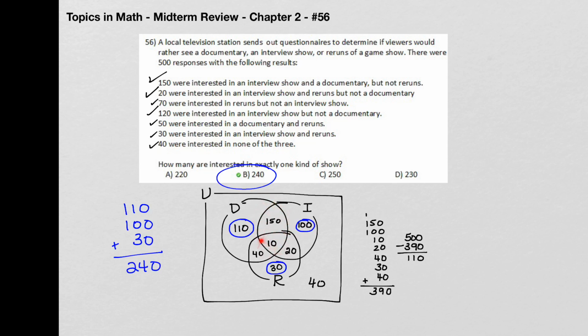Very often it's the center piece, but it can be the outer area, or just here. They might say there were 30 people who were only interested in game show reruns. So they can tell you about any one particular section, and then you build off from there. So that's how you do those problems.